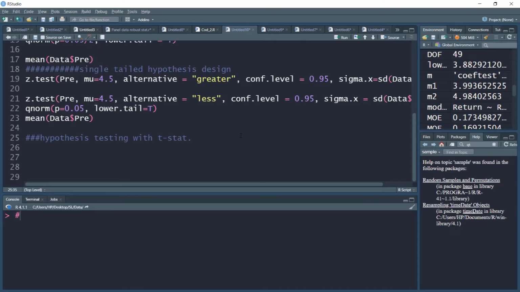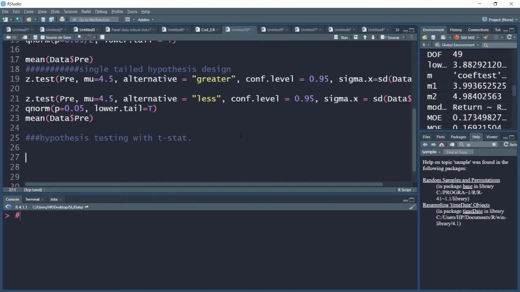Also, we'll see that t statistic is more effective when the sample sizes are small, and for t test, degrees of freedom is an important property or an important feature that needs to be computed to perform t-test.